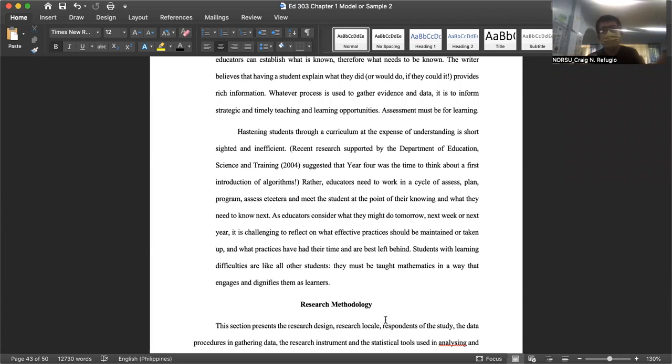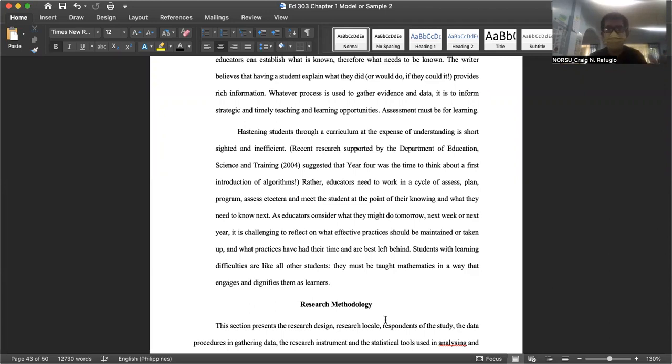But what you are going to consider in the review of related literature: do not just copy the literature and paste it. It is the same as what we did in the theoretical framework. You've got a theory and you relate the theory to the statement of the problem. You've got another theory, and you relate that one to the statement of the problem. You've got another study, then relate that one to the statement of the problem.